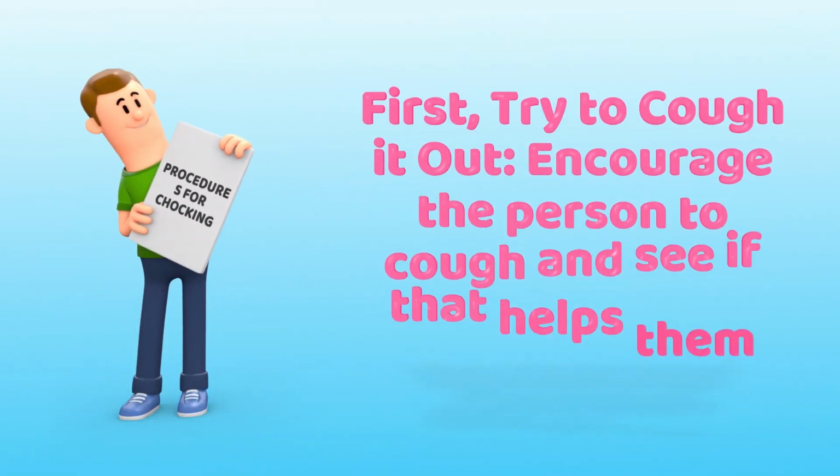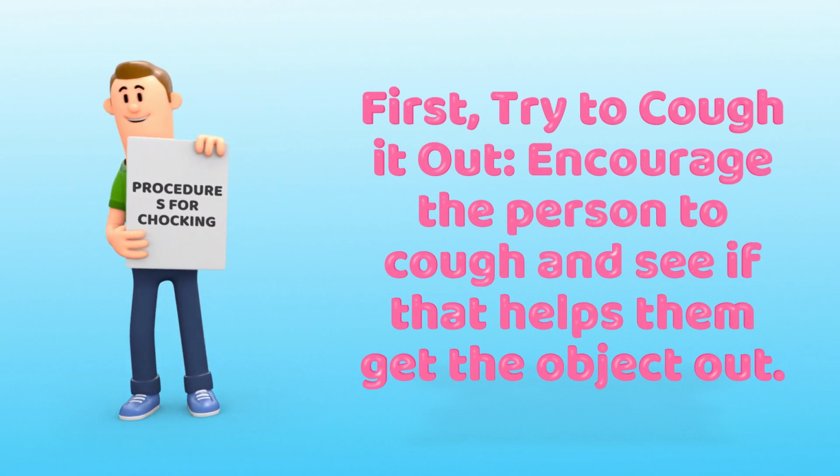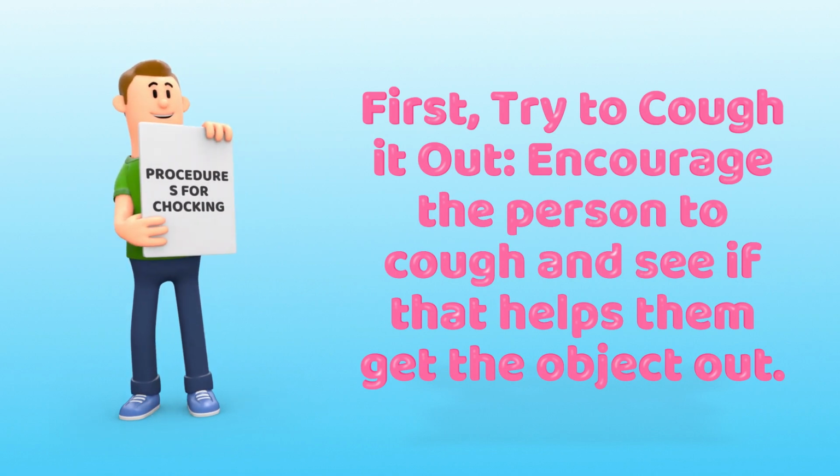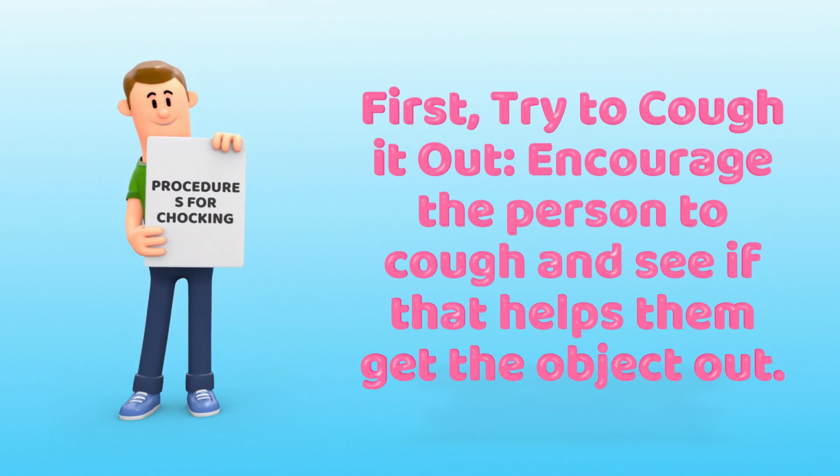Okay, let's now see the steps to follow. The first step is to encourage the person who is choking to cough strongly to see if the object can come out.